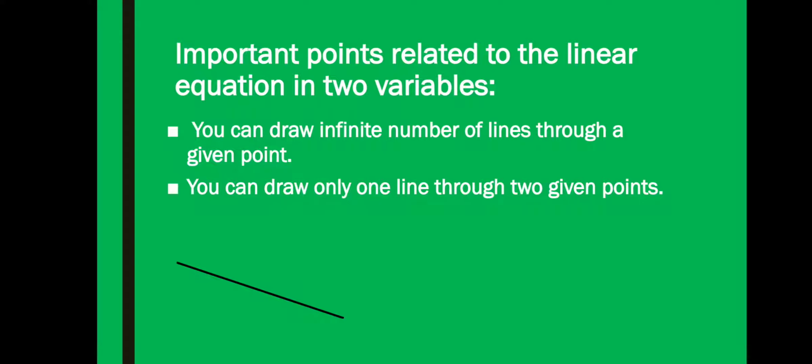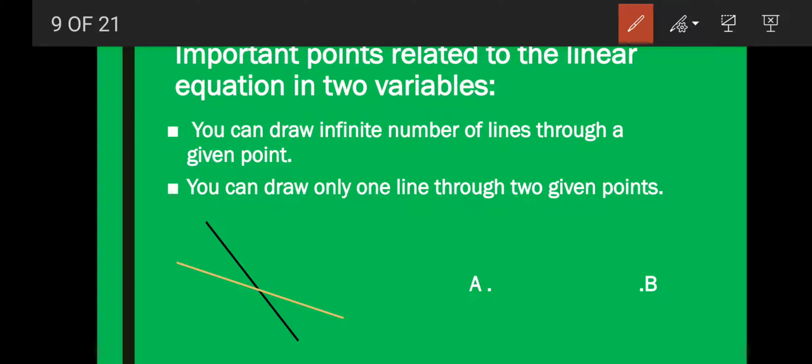Let us discuss these two points one by one. Let we have a single line. Okay, the intersecting point of these two lines is a given point. Let it be here, at the intersecting point.